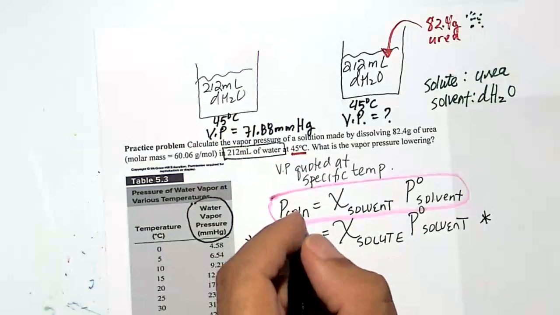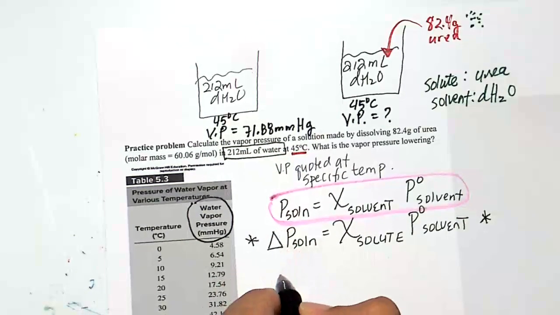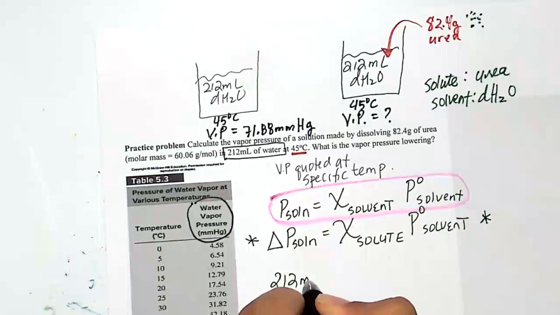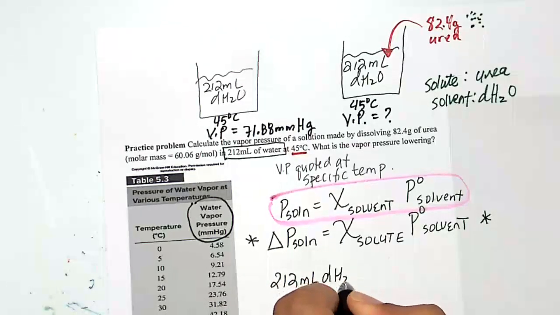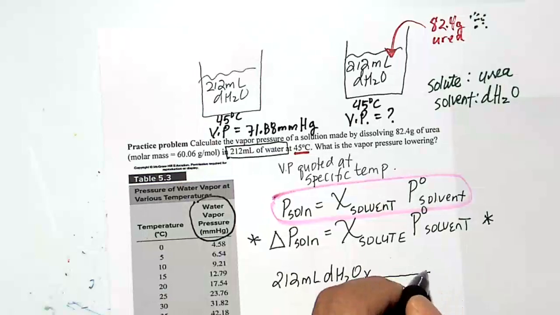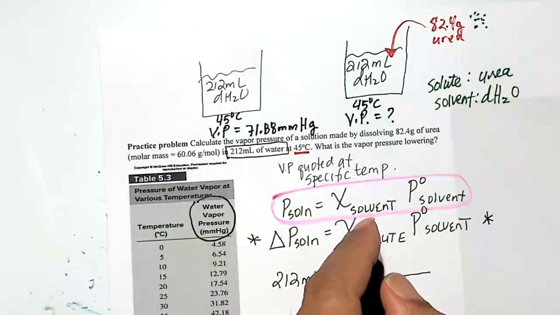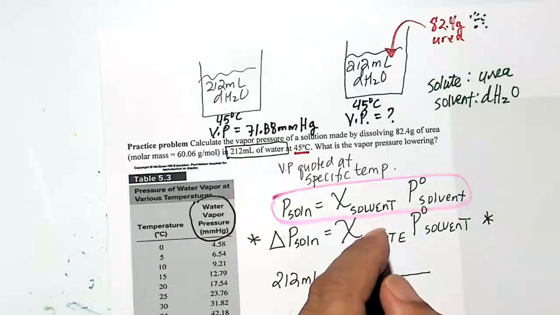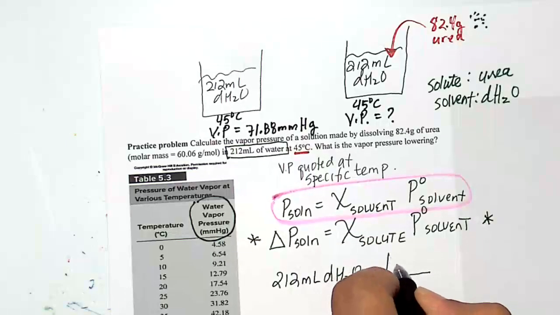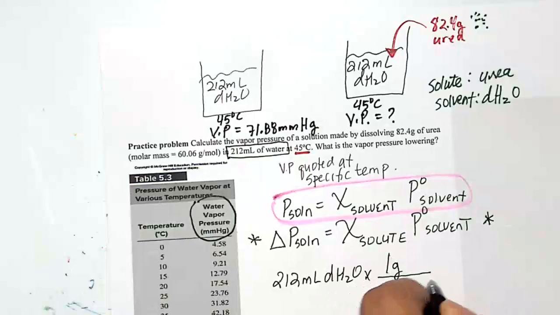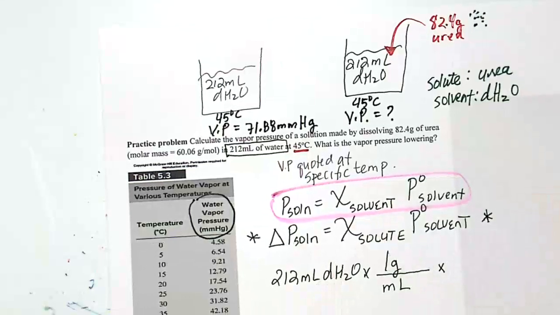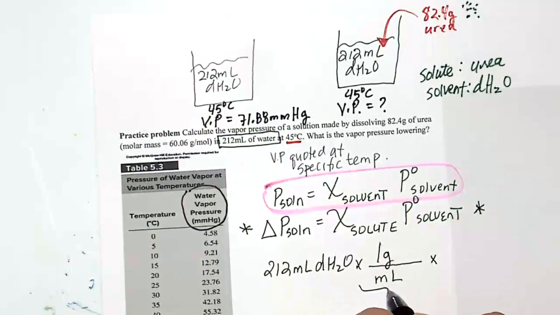The density of water is about 1 gram per mil. That's just back of the mind density. So the density of water is 1 gram per mil.